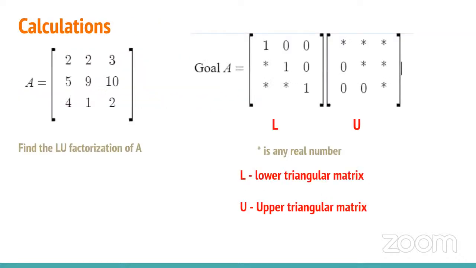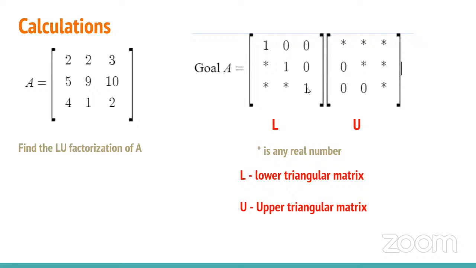Now, what is the goal of the LU factorization? Please look at the screen very well. As I said before, LU is the product of L and U. The L means the lower triangular matrix.